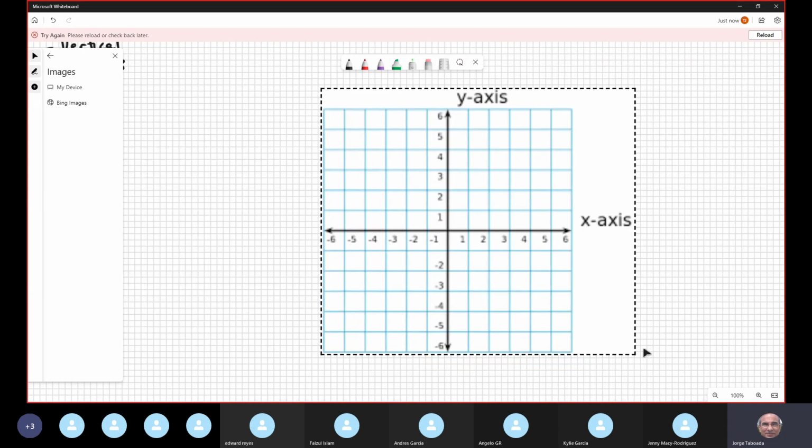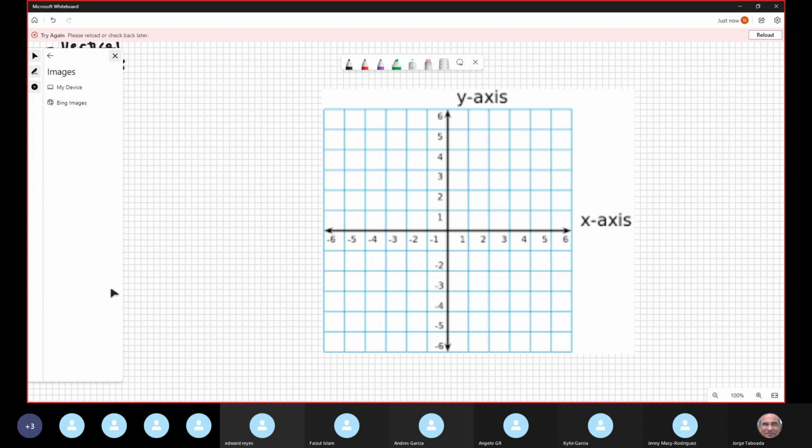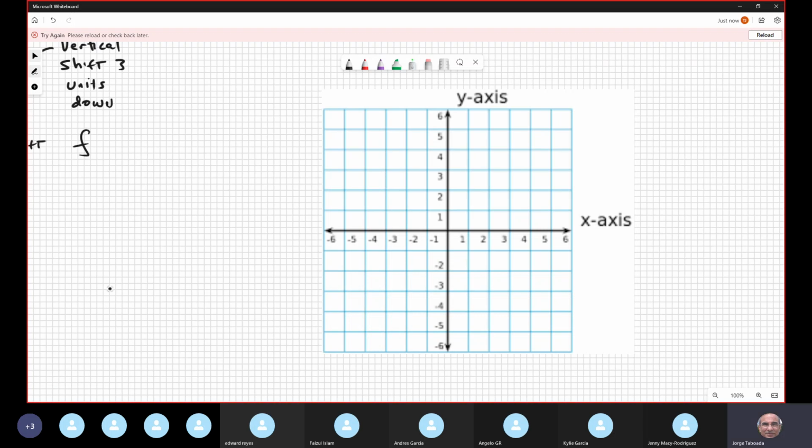So basically, I am doing the graph of f of x equals 1/2 raised to the x plus 4, minus 3. This minus 3 represents the horizontal asymptote at y equals minus 3.